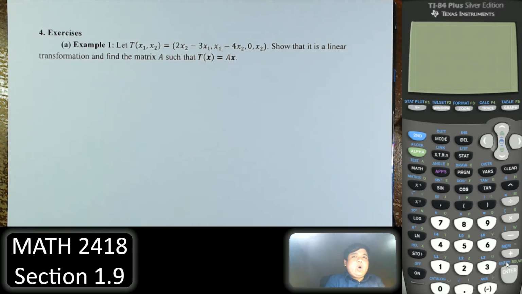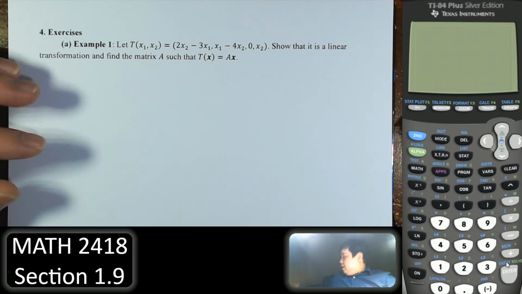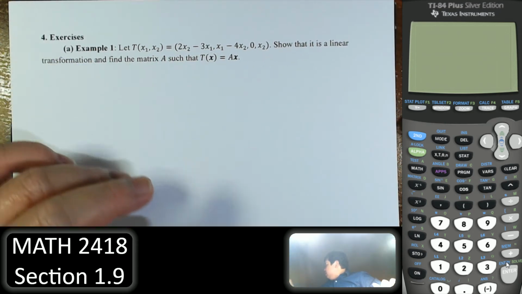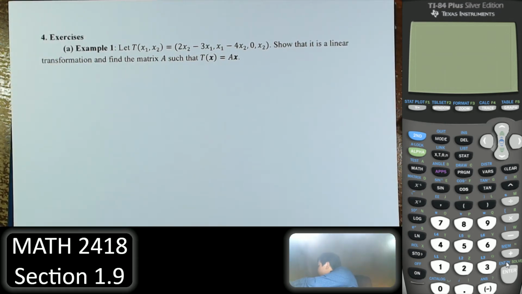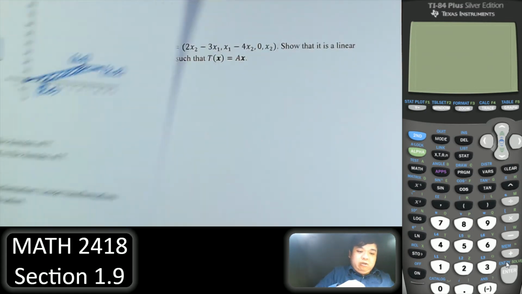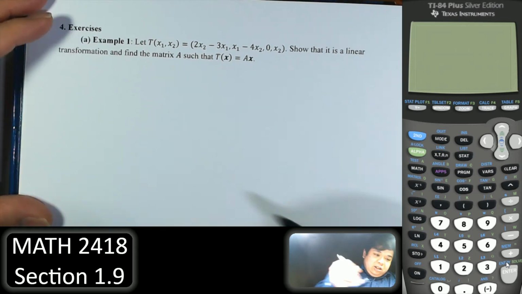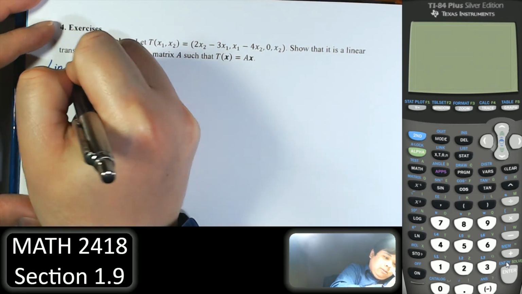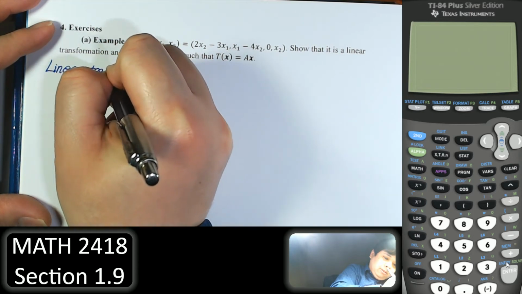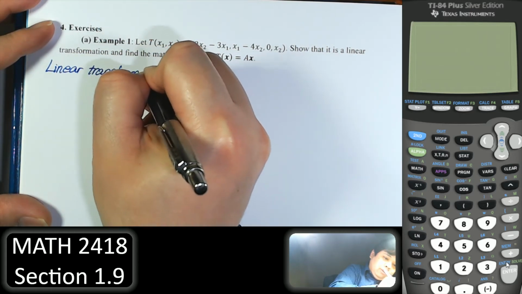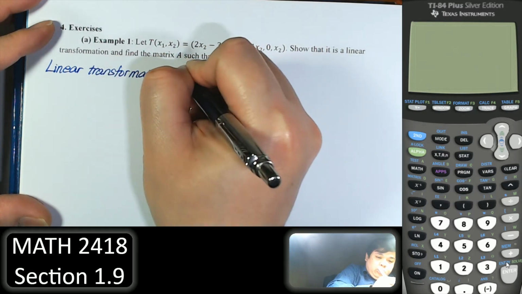So how do we show that it is a linear transformation? Well, by definition. Let me find it. It's in the previous section. Right, linear transformation. This is the transformation. So for a linear transformation, we're going to check two things.